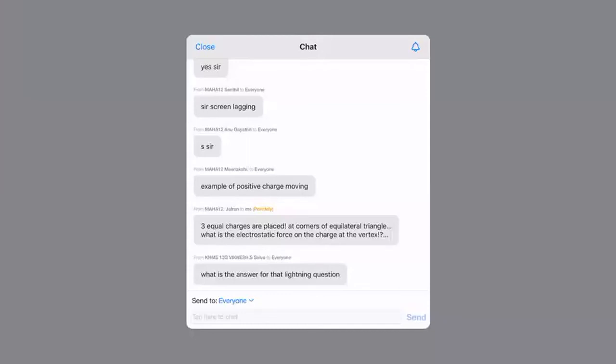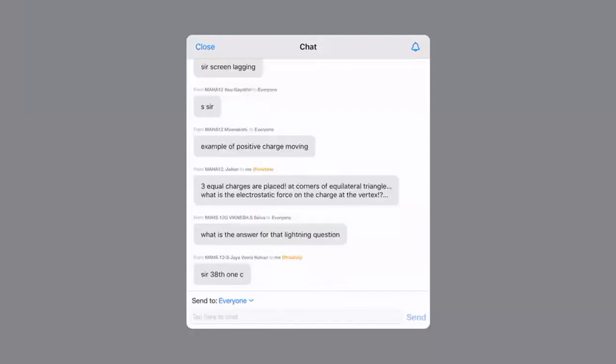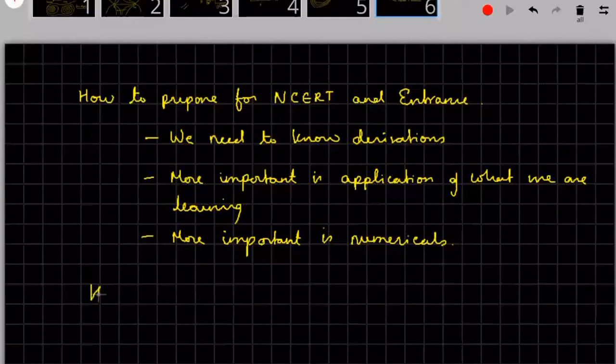Yeah, first one, this is an example of positive charge moving. An example of positive charge moving is in water. Suppose you add HCl to water. What will happen? Acids become H+ and Cl-. So now if there is any chemical reaction, H+ is moving. That is one of the cases where you can have positive charge moving.